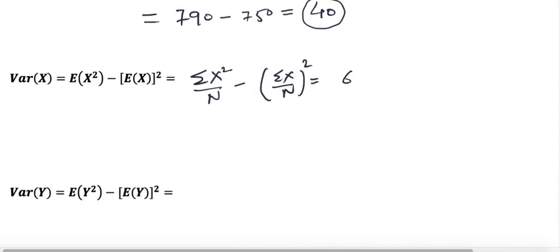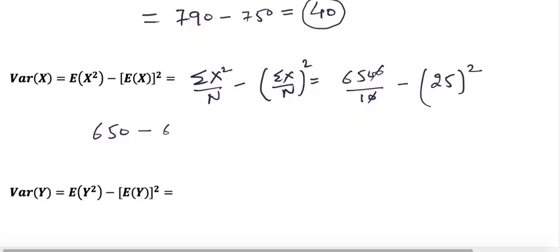So we are going to find 6500 divided by 10 minus 25 square, which we have already calculated. So this is 650 minus 625, and when we simplify it we get 25. So we got a variance of x as 25.